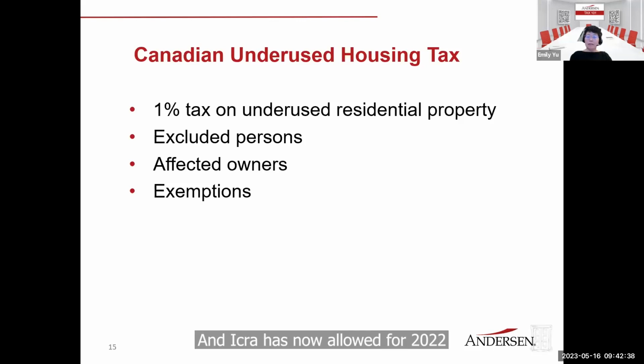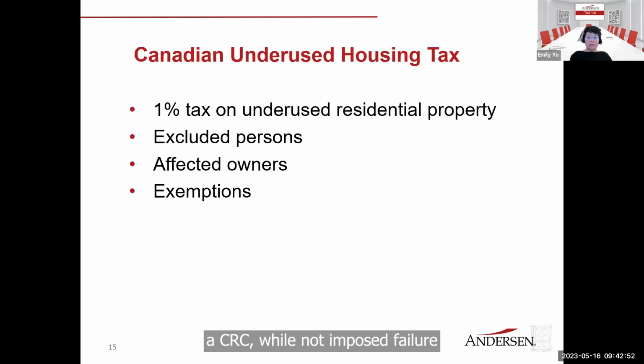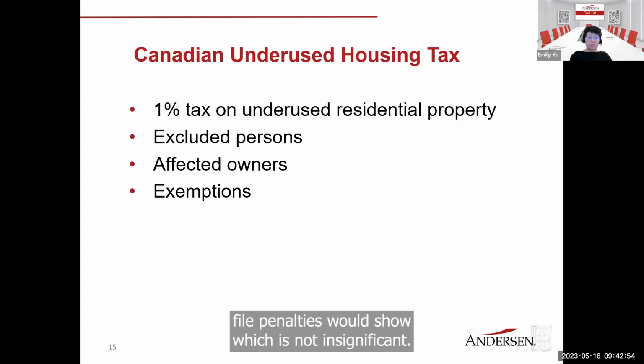And CRA has now allowed the 2022 form to be filed later on. As long as it's filed and paid by October 31st, 2023, CRA will not impose failure to file penalties, which is not insignificant.